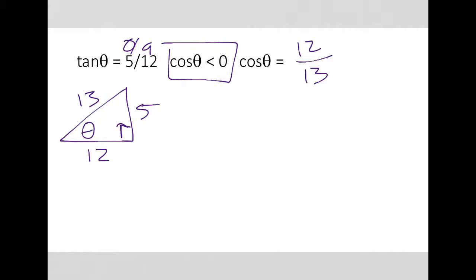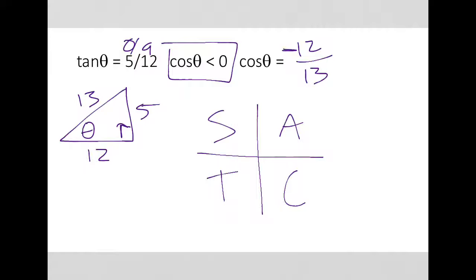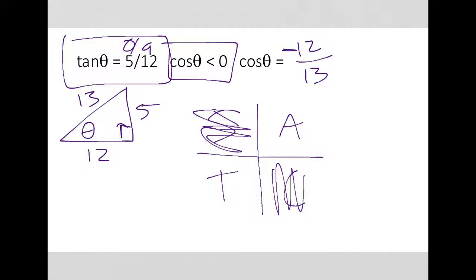But we're told it's negative. Typically, I will not tell you if it's positive or negative. I'll give you some other trig value, and you need to figure out what quadrant you're in. This is all students take calculus. So, what do we know? We know that tangent is positive because we have 5/12, which means we can't be in that quadrant, and we can't be in that quadrant.